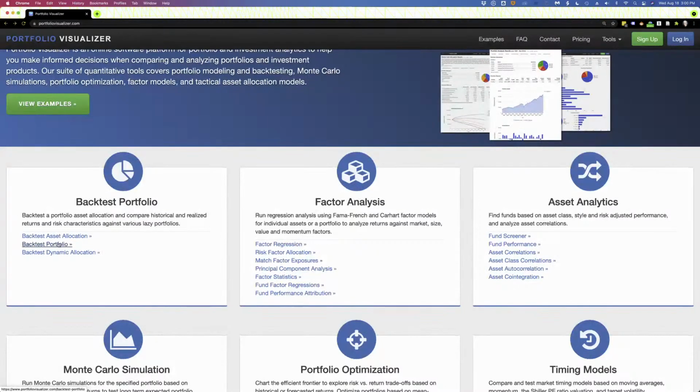The Backtest Portfolio actually allows us to look at specific investments, whether we're talking stocks, ETFs, or mutual funds. So you could actually put your own portfolio into this tool, and it will show you how it's performed over some period of time. That's conceptually the difference, so let's actually go into each of them.